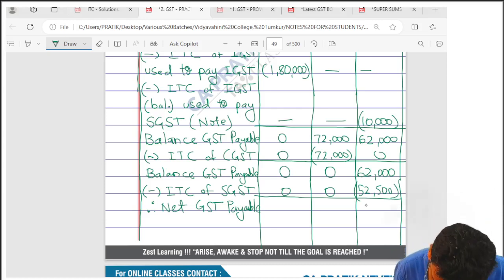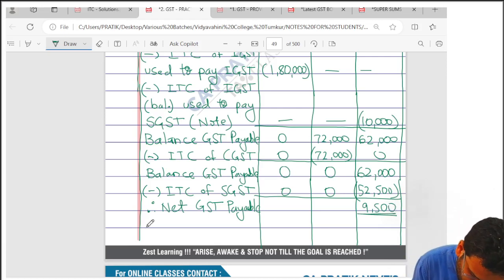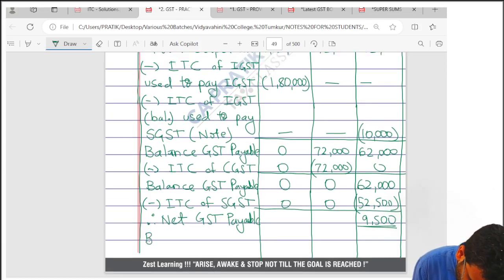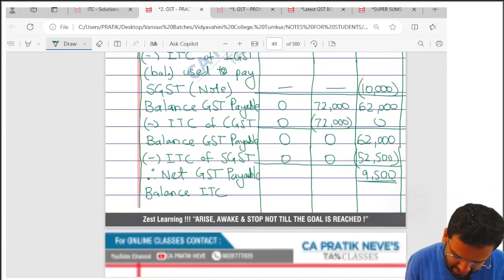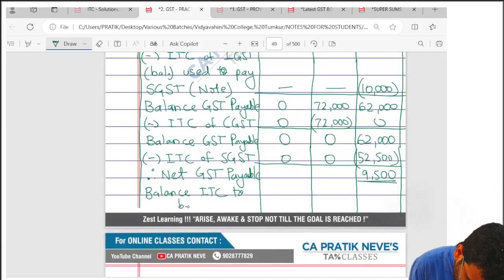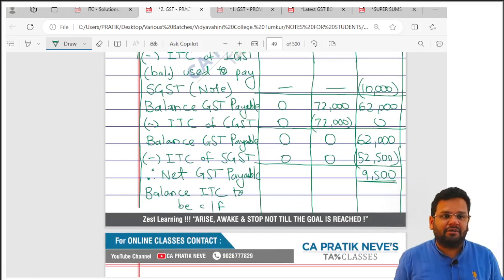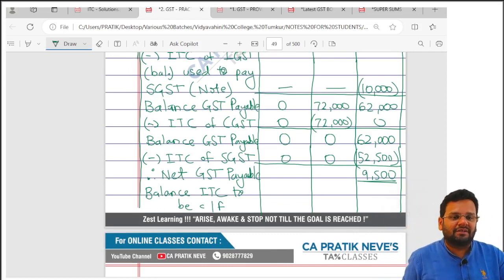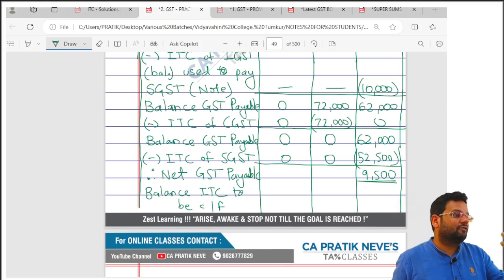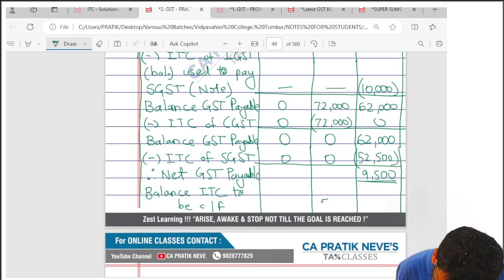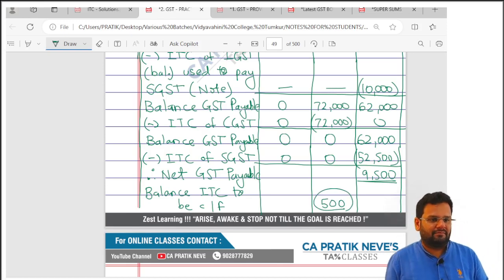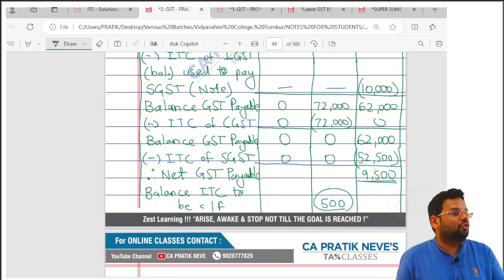So friends, you said 9,500, and here you will say balance ITC to be carried forward. I think this is happening for the first time in our sums, that there is some balance of ITC which will be carried forward. But no problem. Such things can happen. There is no use for that ITC of CGST.